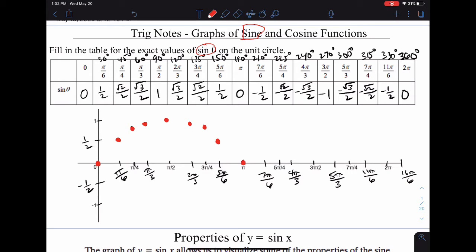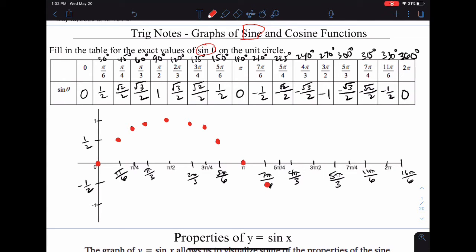Now we're dealing with the negatives, though. So 7 pi over 6, which is the same as 210 degrees, is negative 1/2. And then 5 pi over 4 is negative square root of 2 over 2, which is the same as positive square root of 2 over 2, just a negative number.